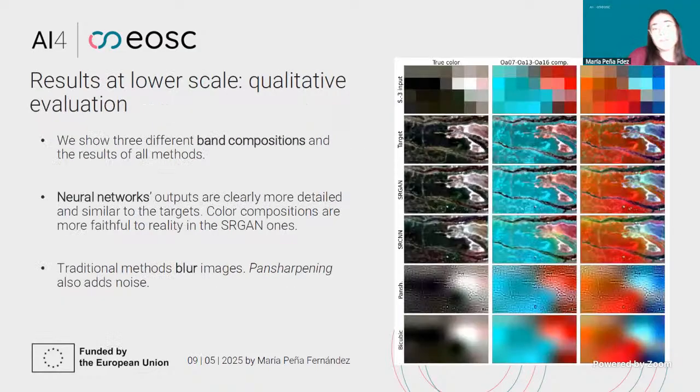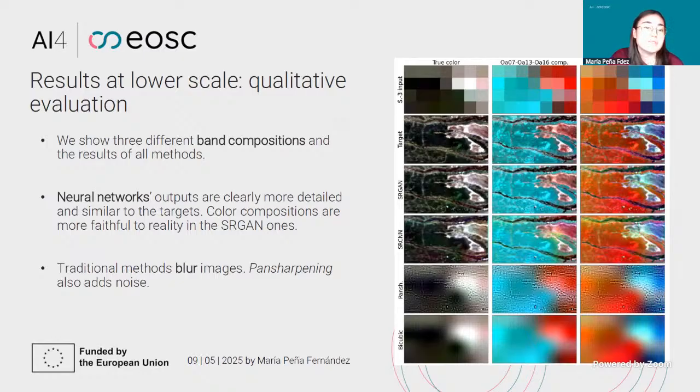We also did a qualitative evaluation, and in the image, you can see in columns different combinations of the bands of a Sentinel-3 image. The first one corresponds to the combination of blue, green, and red bands. In rows, you can see the input, the target, and all the different predictions from the different algorithms that have been used.